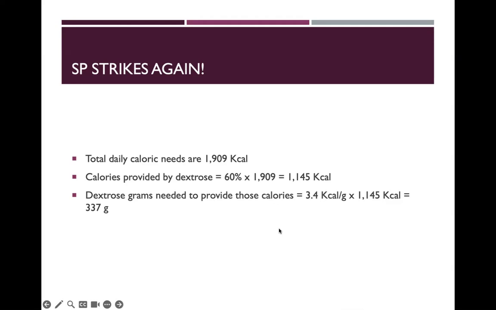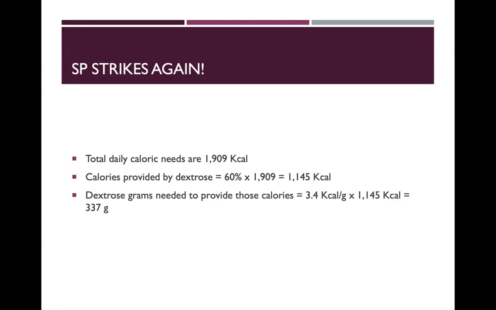So if I set it up again, 3.4 kcal per gram, but I want 1,145 kcal per x grams. So x grams multiplied by 3.4 over 1,145, actually the other way around.